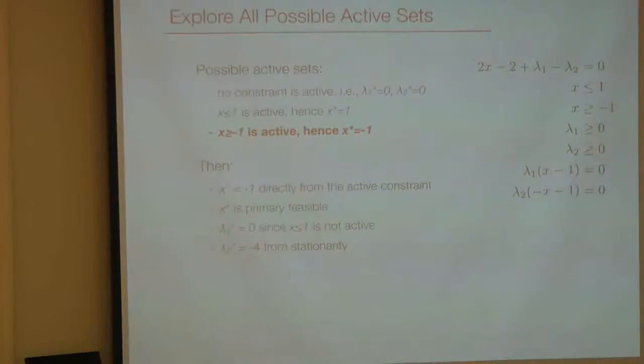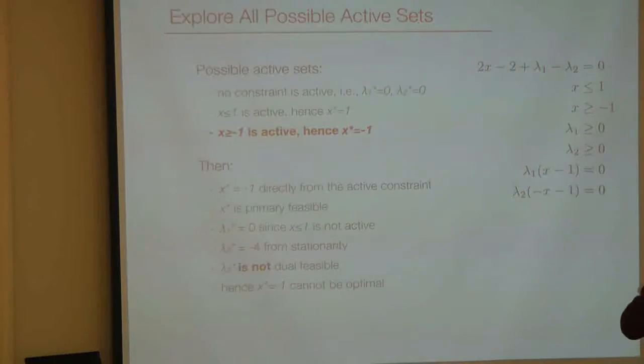Okay. Now we check dual feasibility, and we find out that lambda 2 is not dual feasible because it has a negative value. Therefore, the results of Karush-Kuhn and Tucker say that this cannot be a candidate for an optimal solution, right? So this is how these kinds of optimization problems are solved in practice.